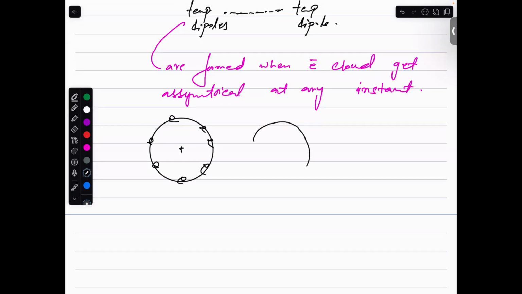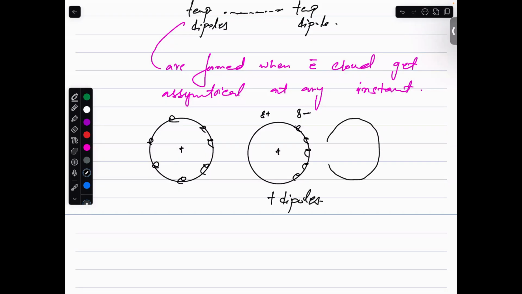There is a possibility that at any instant the electrons are at one side. So these are temporary, and they're repelling. Don't you think they will induce a dipole in the nearby molecule?